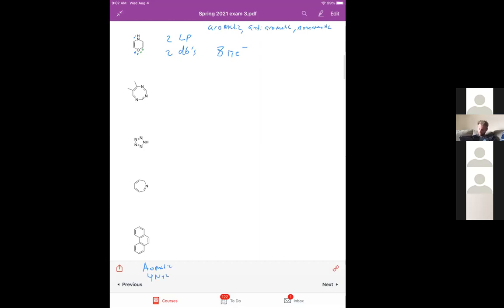So that would be if our pi electrons are equal to 2, 6, 10, 14, 18, etc. Anti-aromatic is 4n, so if our pi electrons are equal to 4, 8, 12, 16, etc. This compound here has 8 electrons, so this should be anti-aromatic.